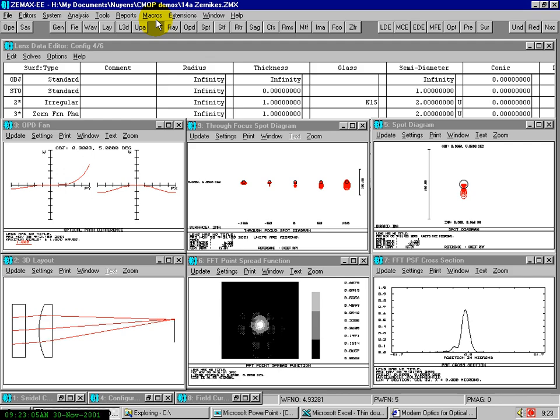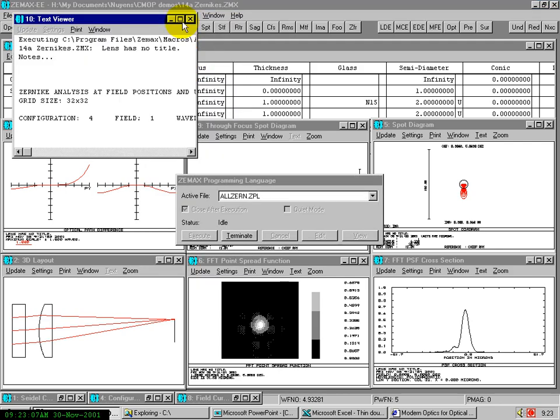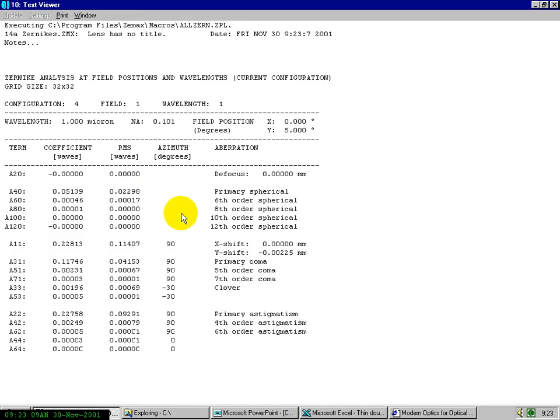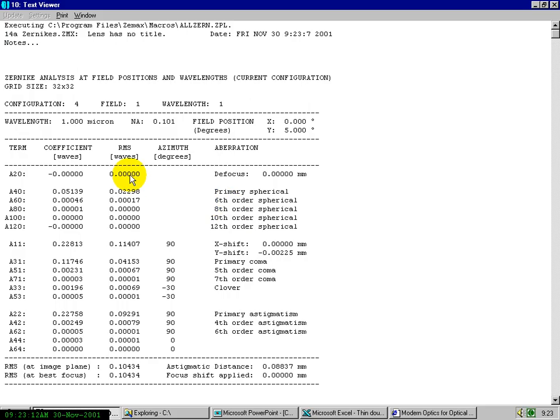And when we apply the analysis again in this focus, we see that the defocus term is gone now, because we are sitting in best focus, and we still have that 2.2 micron because it's not possible to move our image plane north-south.